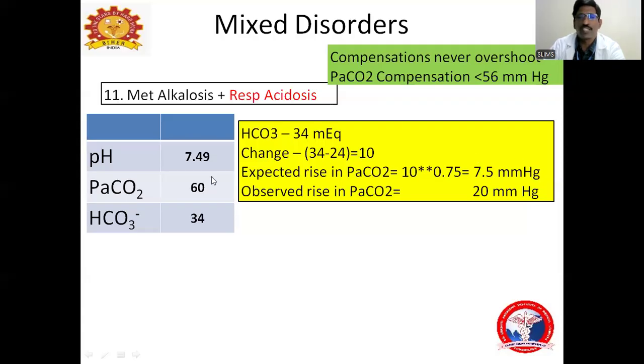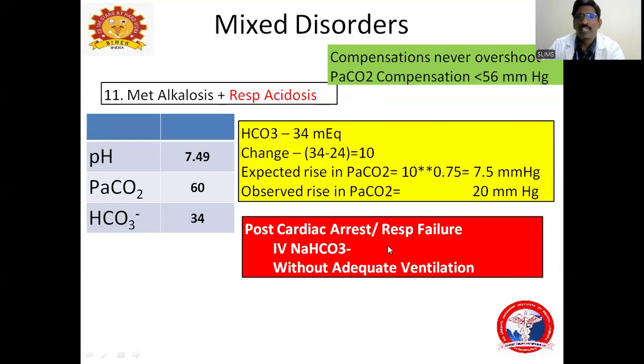But observed here is 20 mm of mercury. How to account for this? So the primary problem is metabolic alkalosis. There is additionally respiratory acidosis. Where do we get this? Post cardiac arrest or respiratory failure, IV soda bicarbonate without adequate ventilation. So soda bicarbonate produces carbon dioxide, while already the patient is in metabolic alkalosis.